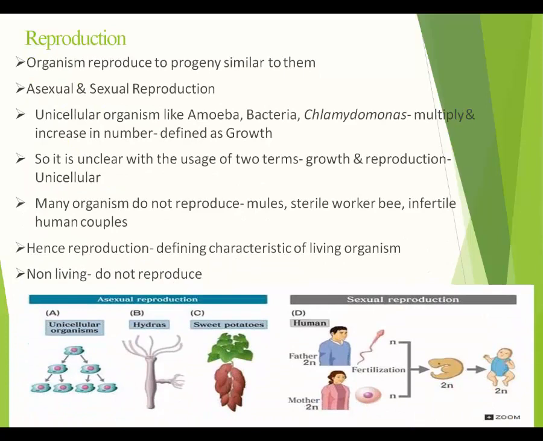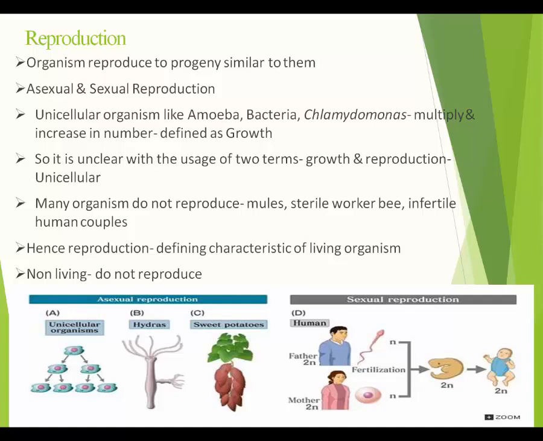Moving on to the second criterion of life, that is reproduction. Organisms reproduce so that their number will be maintained. Now what is reproduction? Reproduction is the production of progeny which looks similar to them.